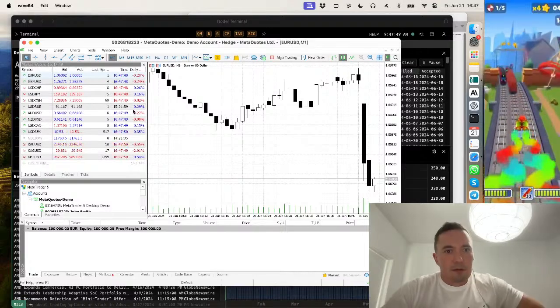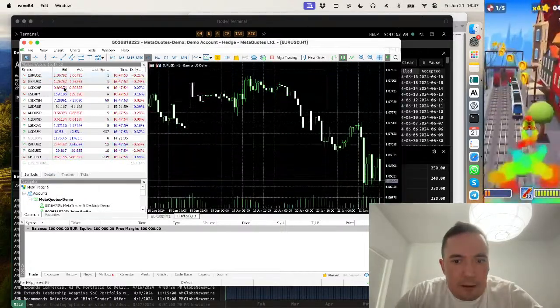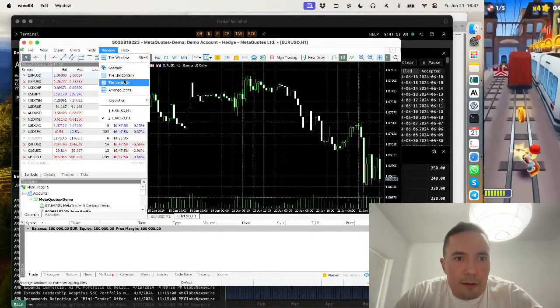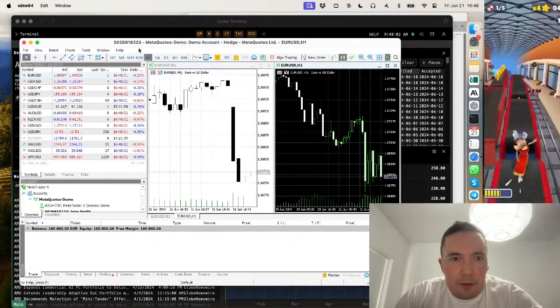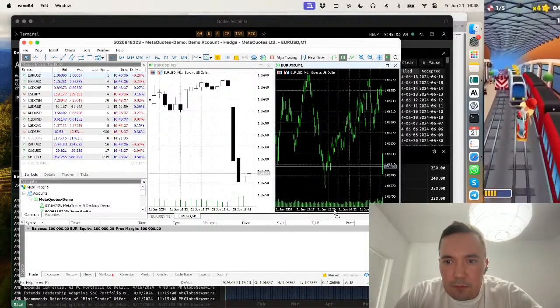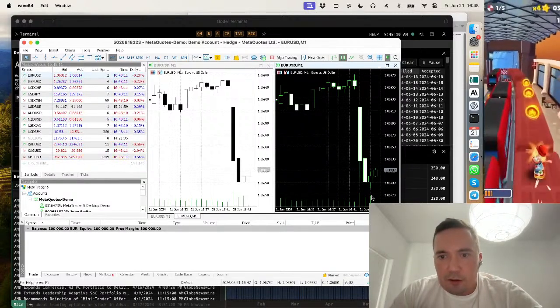So I think we can open two charts. We can tile them like this. Let's make them the same. Okay, you can see here, it's the same chart.